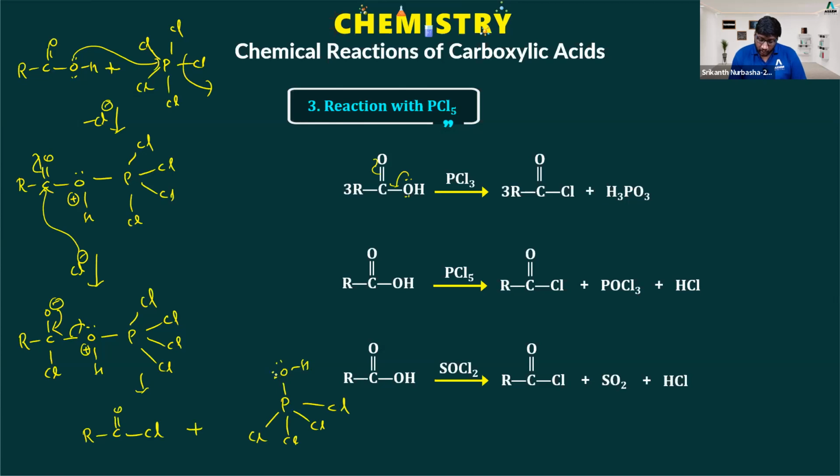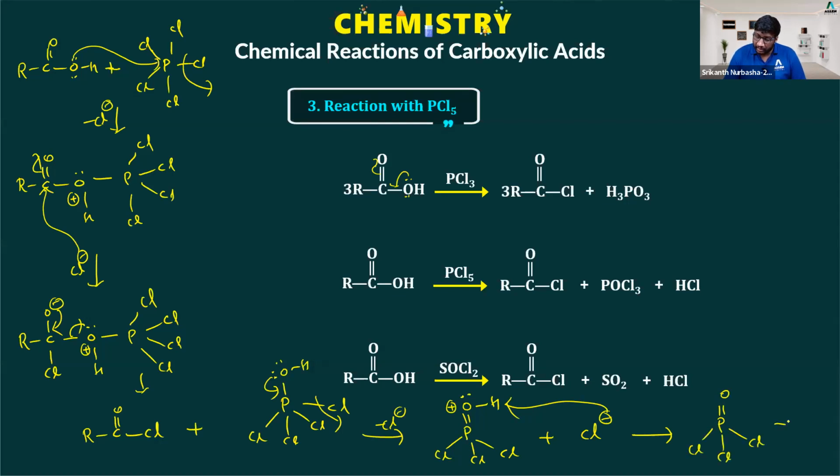The lone pair of electrons on oxygen will come in to form a P double bond O, and as soon as it comes in, chloride is lost. Oxygen has only one lone pair, a positive charge, OH bond, and 3 phosphorus chlorine bonds. The chloride which is lost will pick up the proton to form P double bond O, PCl3, plus HCl. You are getting the same or not?